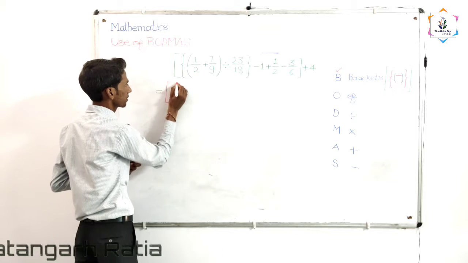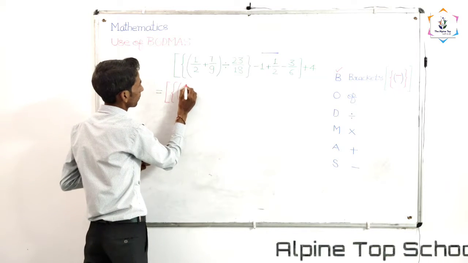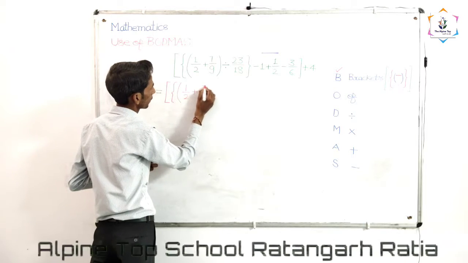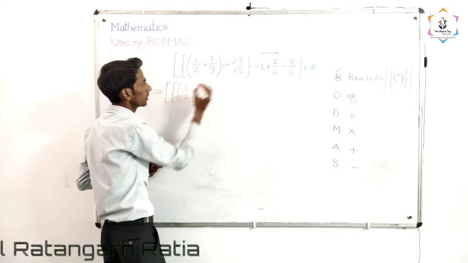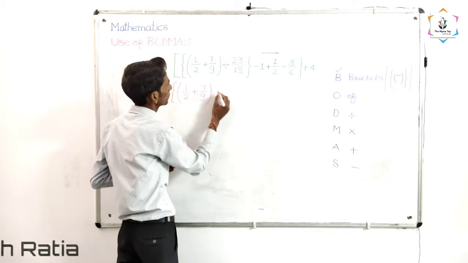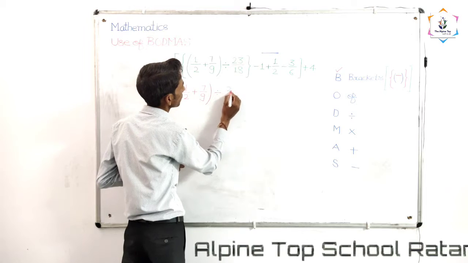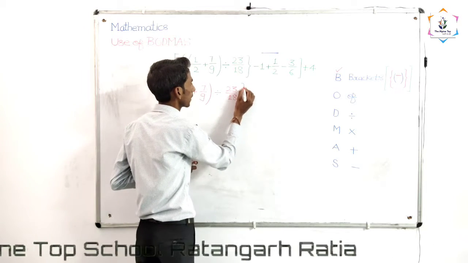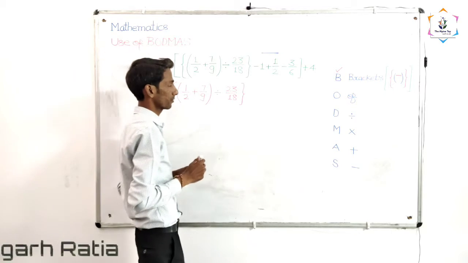Square bracket as it is, curly bracket as it is, small bracket as it is. No need to change or calculate any other numbers. 23 upon 18, curly bracket closed. Now dear students, here I am going to do the rough work.